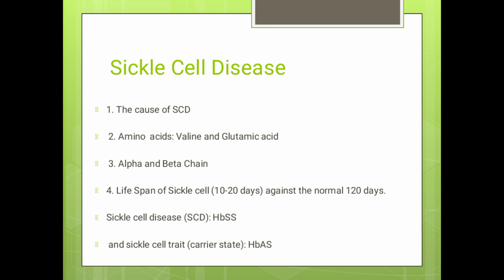The reason is that valine has different properties from glutamic acid. For instance, valine is non-polar, and so it is hydrophobic. It means it fears water, unquote. But glutamic acid is polar, negatively charged, and hydrophilic. It is water loving.